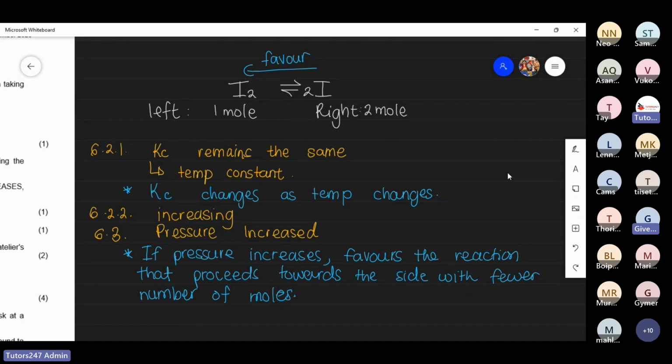So we know that because pressure's increased, our reaction is going to favor the reverse reaction. So that's the first part that we can state. We can state to earn 1 mark, we can say that it is going to favor the reverse reaction.